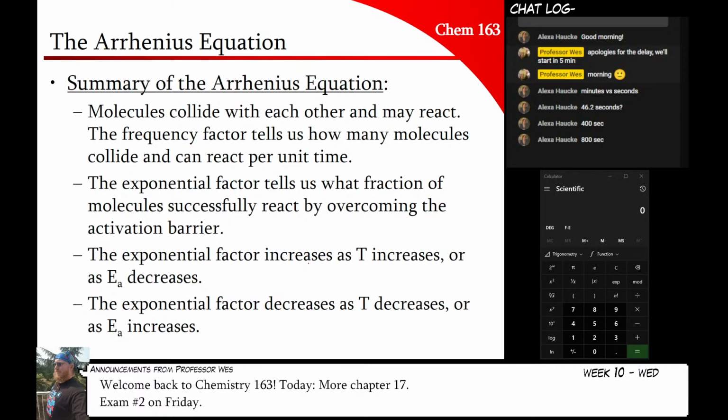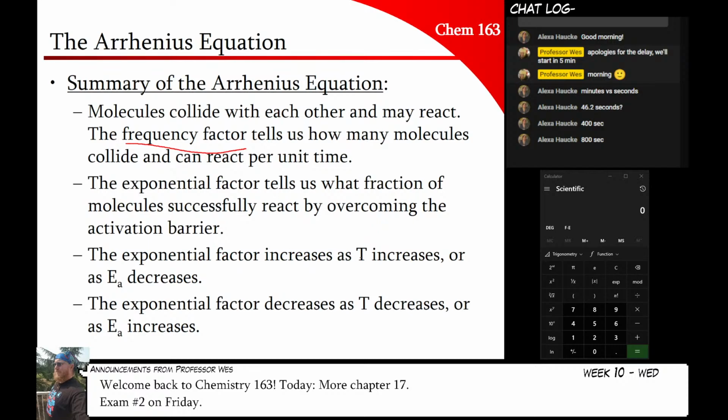All right, so here's our summary of the Arrhenius equation. You can bonk things into each other. The number of times that happens is the frequency factor. That tells us how many collisions there are that can react. The E term tells you what fraction of molecules can overcome the energy barrier.